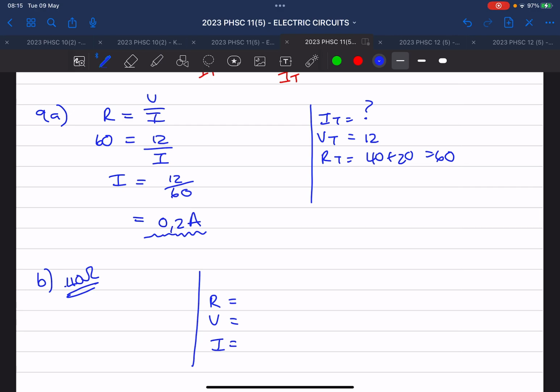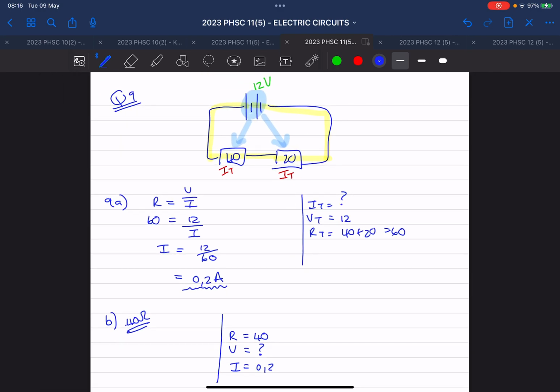It's 40. The volts is what we want to get, it's the potential difference. What is the current? 0.2, because we just saw in the previous question that the total current passes through there, and the total current is 0.2.